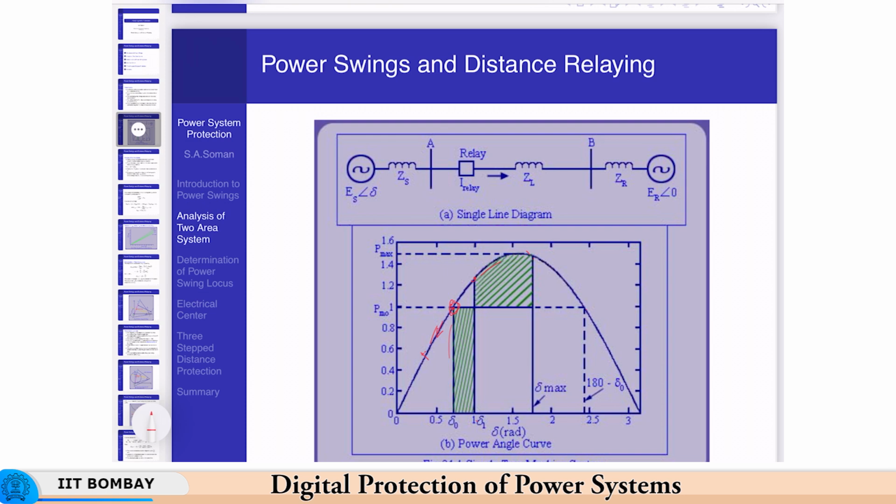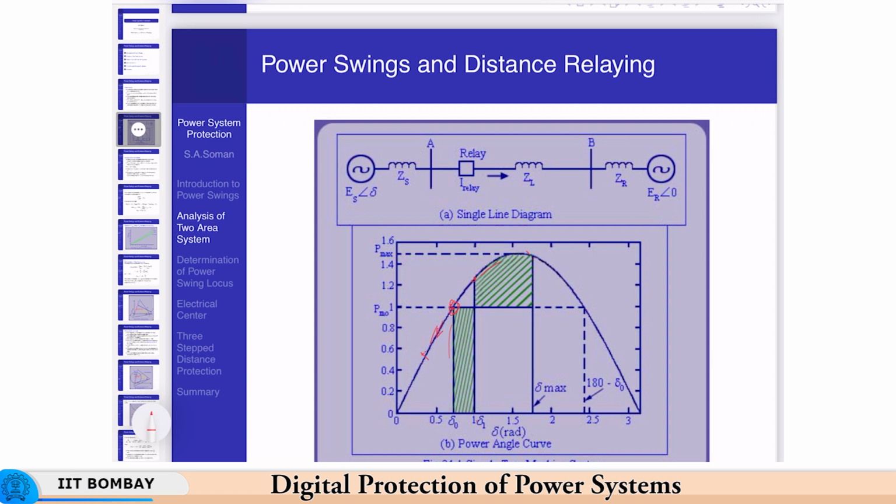And then eventually it will go beyond 180 degrees and the machine goes out of step. So, it is very essential that you clear the fault early. This is another reason why fault clearing times should be fast enough, so that you get enough decelerating area here to compensate for the accelerating area here. So, delta max has to definitely be less than 180 minus delta naught.